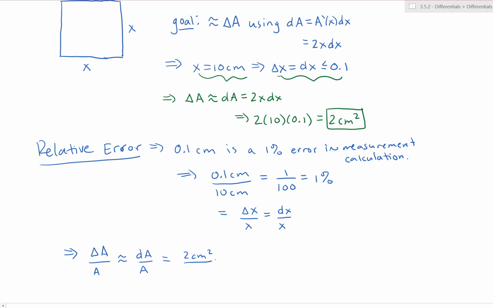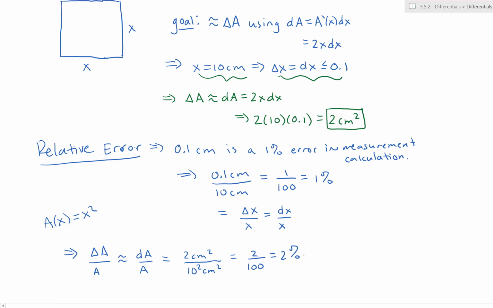And if you plug x equal to 10 into the area, remember, A of x is x squared, I would get 10 squared, 100 square centimeters, which gives us 2 over 100, which is equal to 2%.